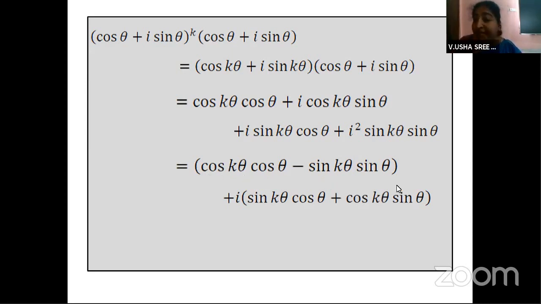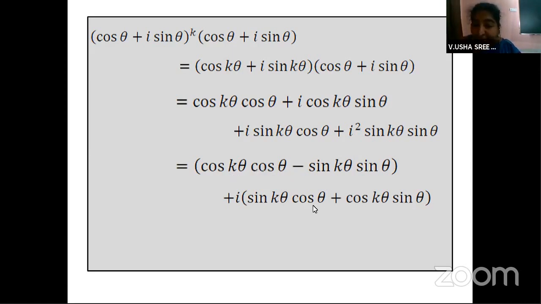Now, the first bracket is taking the form of a formula you have in the trigonometry topic. And the second bracket also comes under trigonometry with compound angles, children. All right. So I can replace this first bracket cos k theta cos theta minus sin k theta sin theta. It's looking like cos A cos B minus sin A sin B, which is nothing but cos of A plus B, that is cos of k theta plus theta.